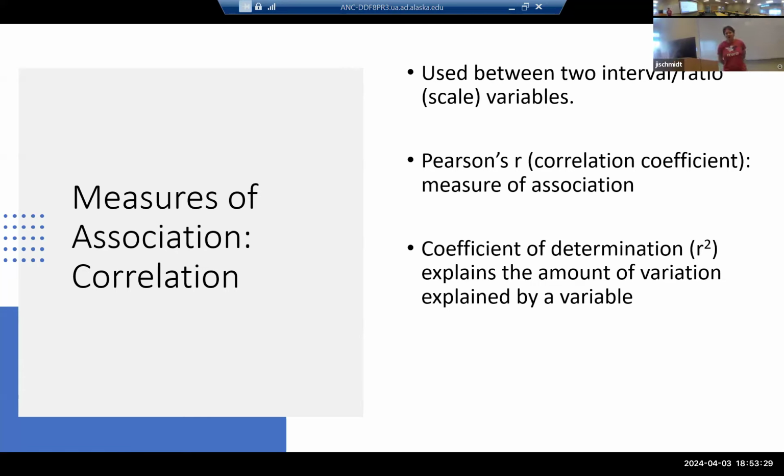This tells you how much variability is explained by what you're looking at. Say you got a correlation coefficient of 0.04. That would mean that about 4% of what you're seeing in your dependent variable is explained by your independent variable, say gender.